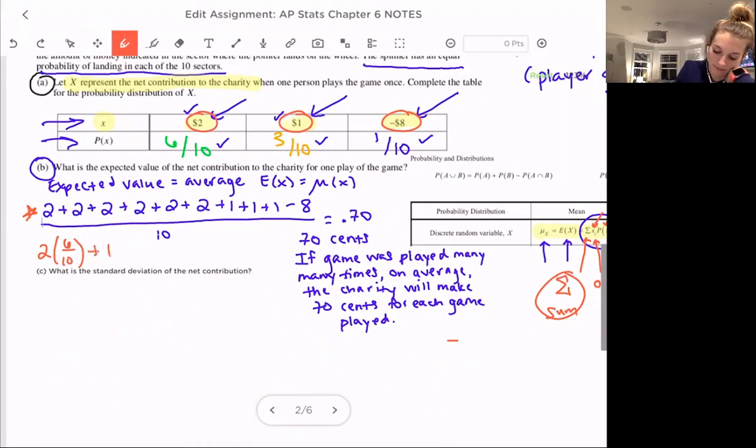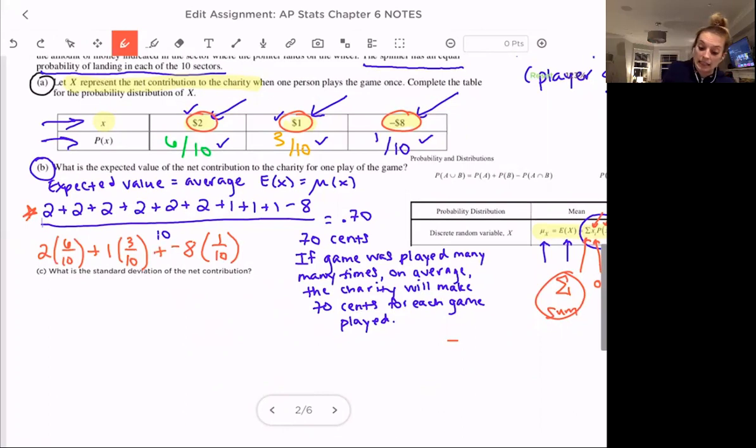I'm going to add to that an outcome of $1. How many times did that occur? 3 out of 10 times on the spinner. I'm taking the outcome of $1 and multiplying it by the probability it occurs. Lastly, I'm going to add in losing $8. How many ways does that occur? 1 in 10.